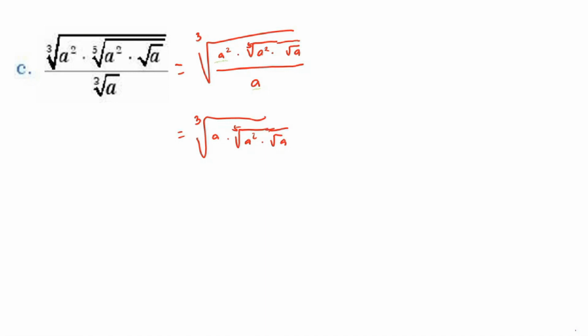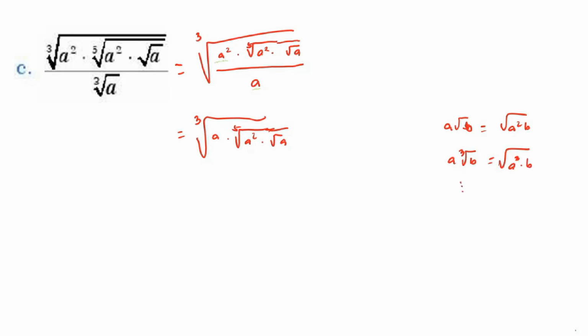Now, this coefficient of a, if I'm going to put that inside the fifth root of a squared times square root of a, I am using this property of the square root. If I have a times the square root of b, then it becomes the square root of a squared b. If I'm going to use a cube root of b, from mixed radical to a pure radical, if I put this inside, it becomes a cubed times b.